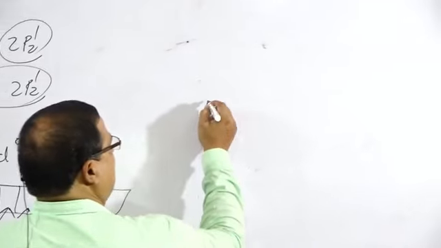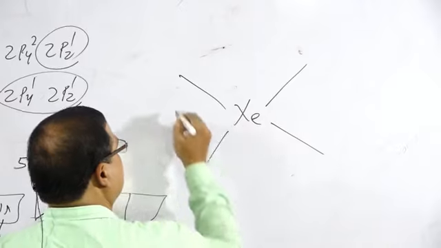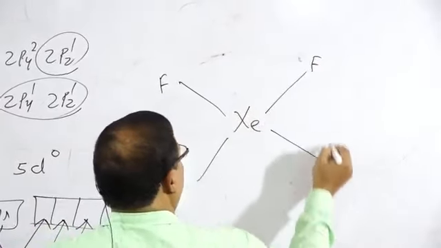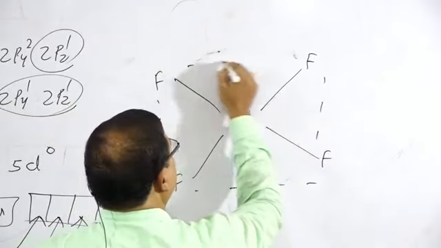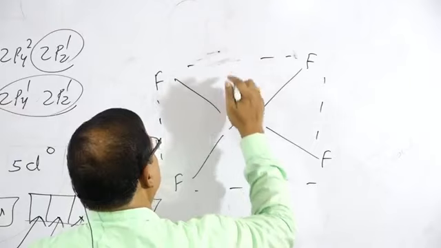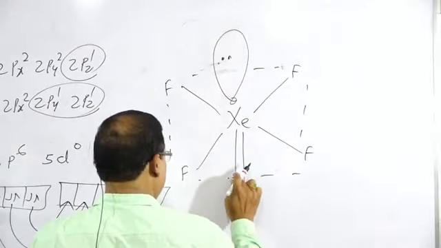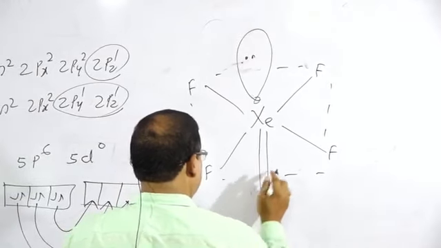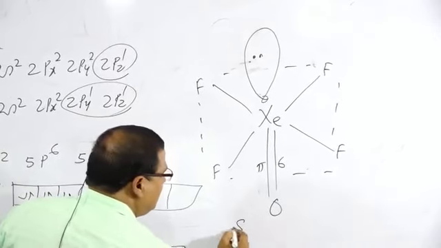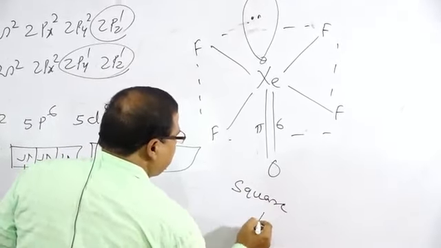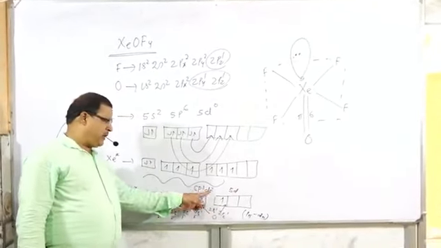So regarding that structure, four fluorine atoms, one lone pair, and this is the double bond, sigma pi. So xenon is having sp3d2 hybridization.